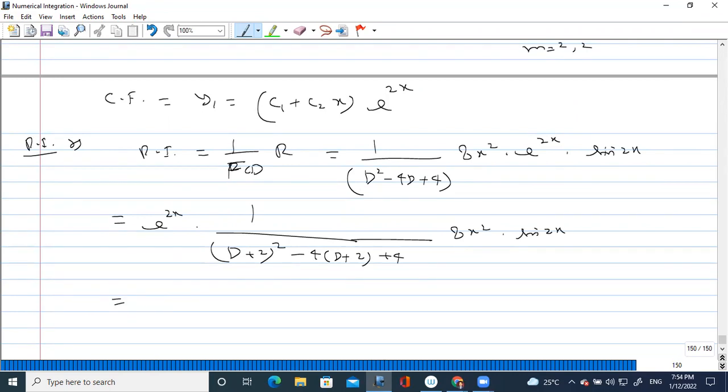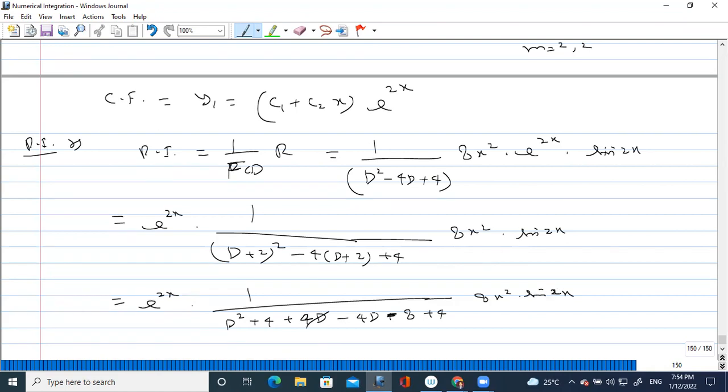Okay, so e to the power 2x into 1 upon, now you can open it, it will become d square plus 4 plus 4d, and minus 4d and minus 8 and plus 4, into 8x square into sine 2x.